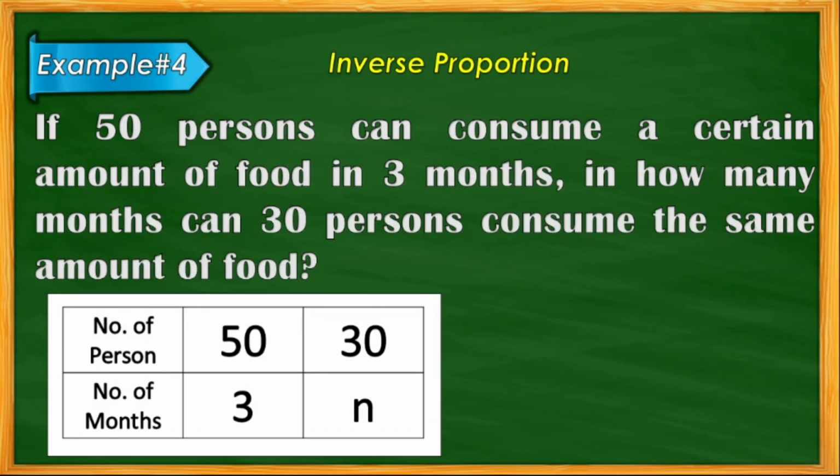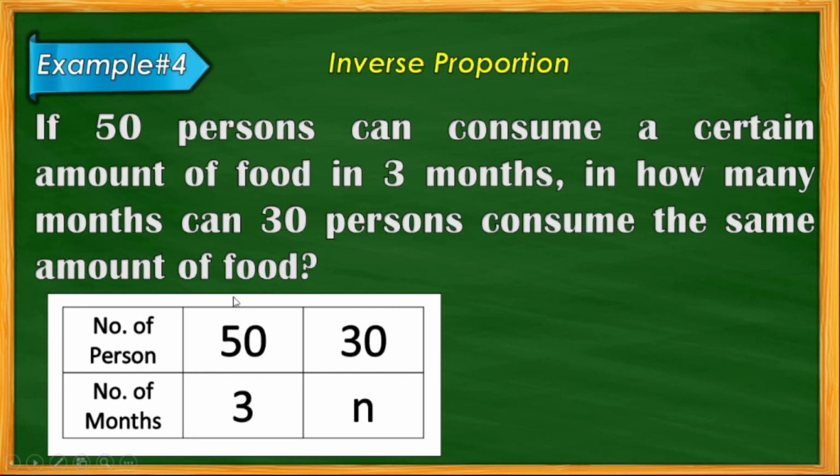Now, for example number 4, you're going to find the value of n. This would be the problem. If 50 cans consume a certain amount of food in 3 months, in inverse proportion, in how many months can 30 cans consume the same amount of food?